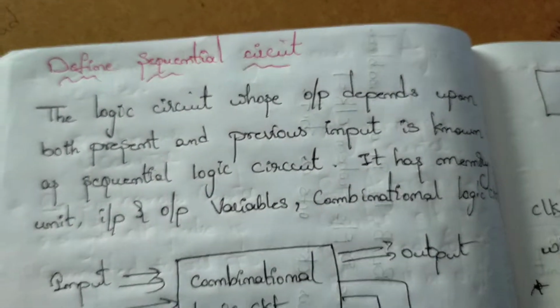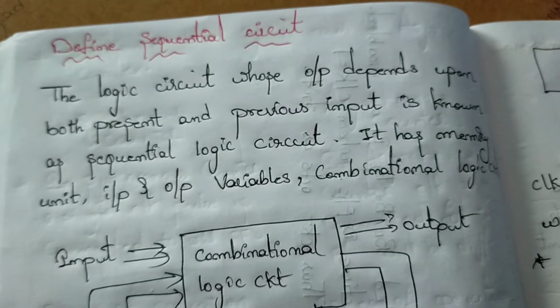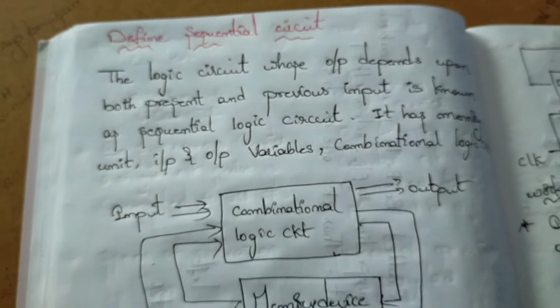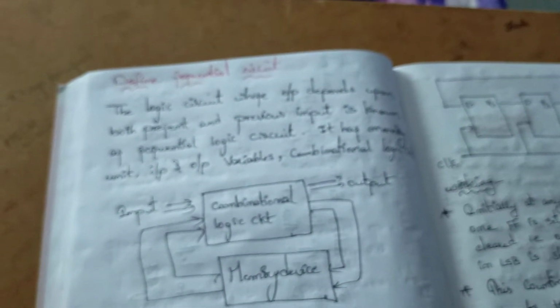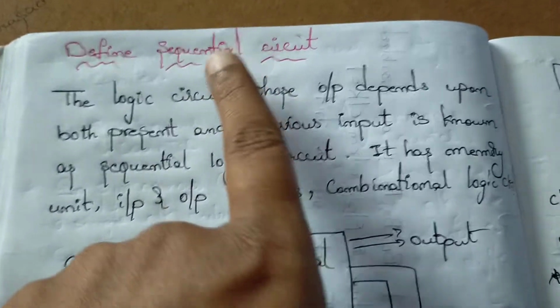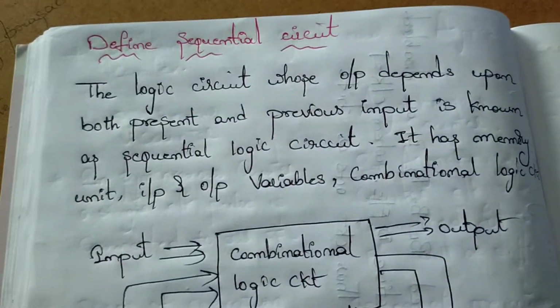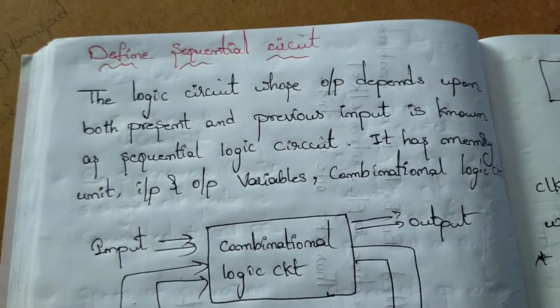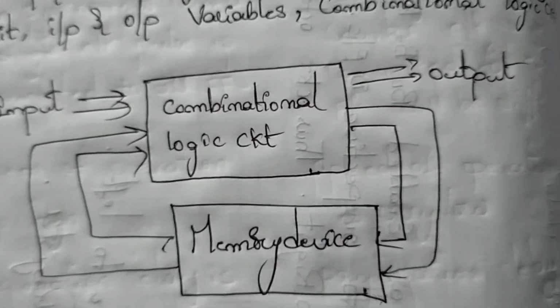Sequential circuit means a bit more than combinational circuits. Both are the same. The sequential circuit is also a combinational circuit with another element that is known as a memory device.